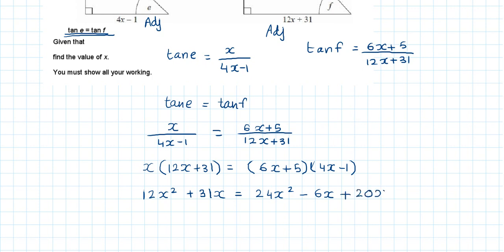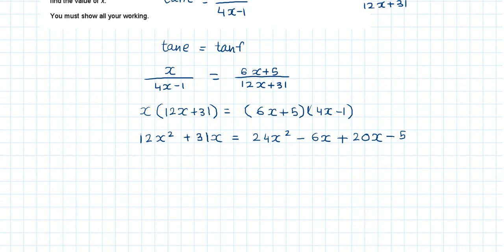Okay, right, I'm going to get rid of the 12x squared on the left hand side. The reason I do that is because the coefficient of x squared, that is the number in front of the x squared, is greater on the right hand side. So I'm going to get rid of this one. Do the opposite, so it's minus 12x squared both sides.